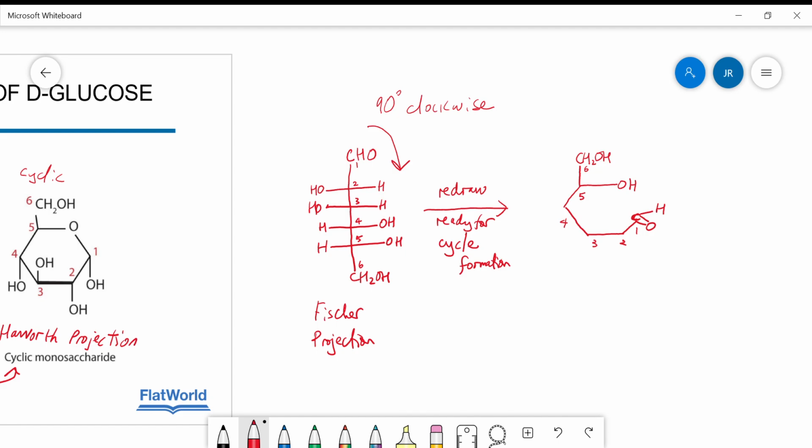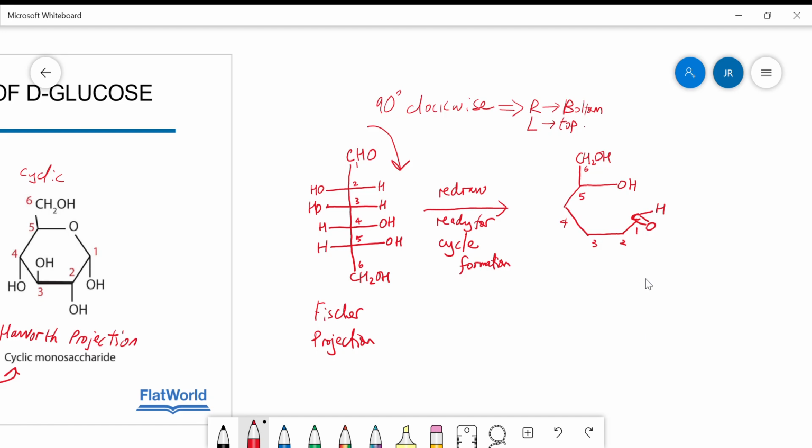So what does that mean? That means right becomes bottom and left becomes top. That's what that means.